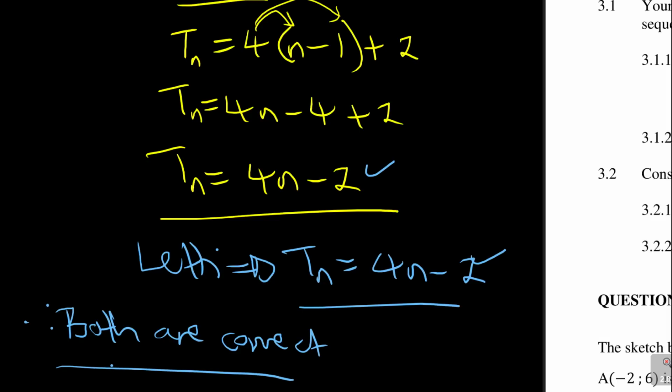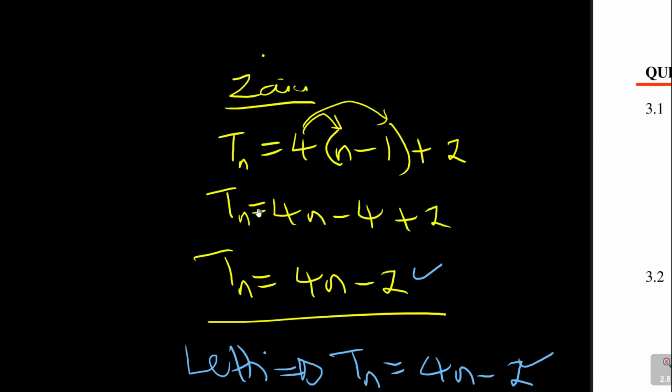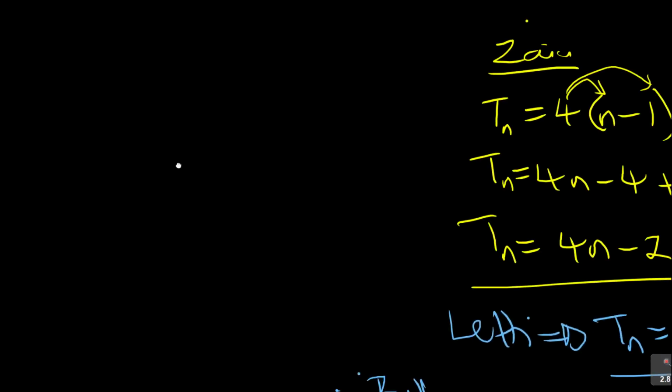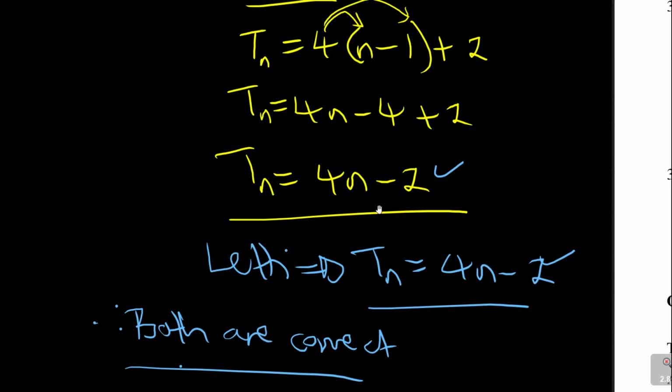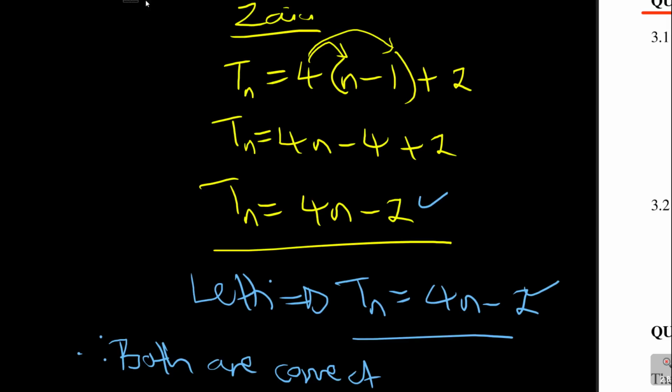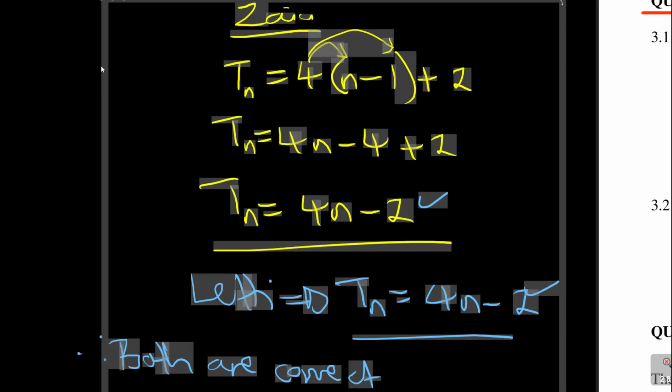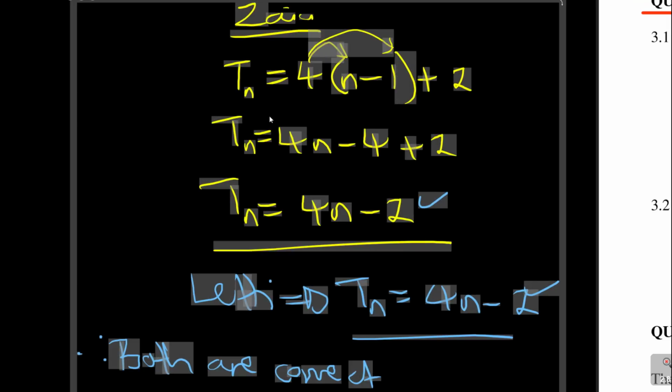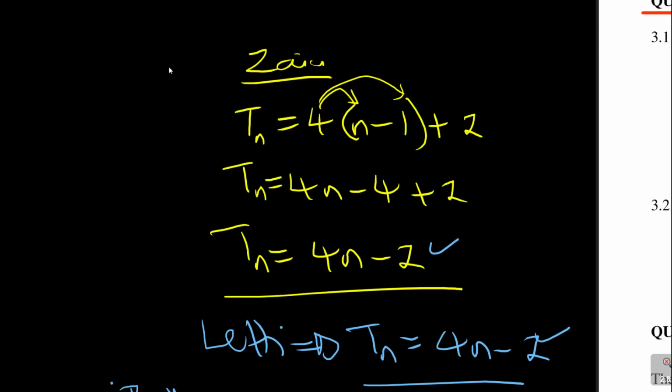You see, use algebra. Or if you were challenged on this, you could have put it like this. But they were still going to mark you, okay? So what are you going to do? You're going to take Zane here.